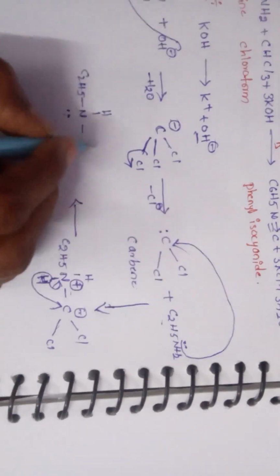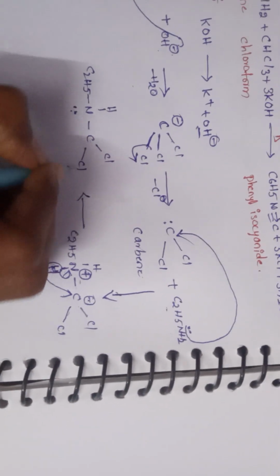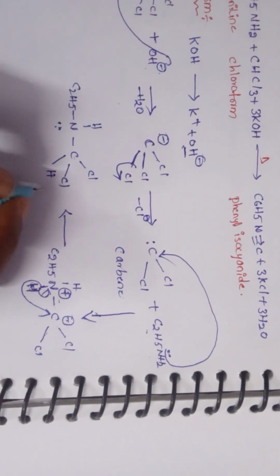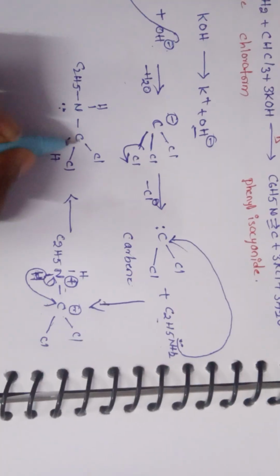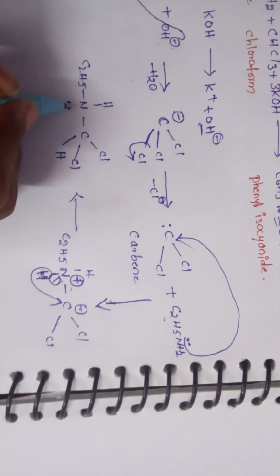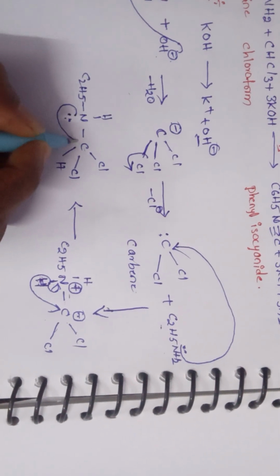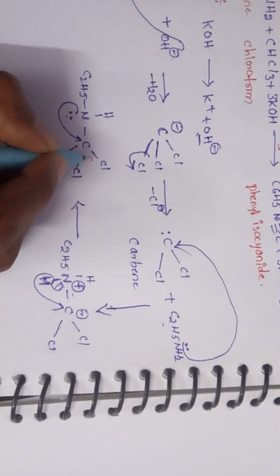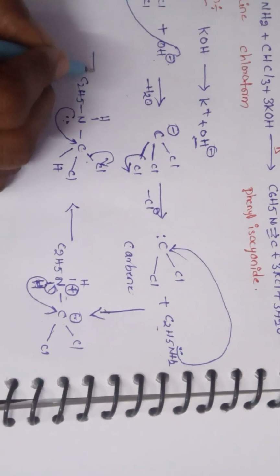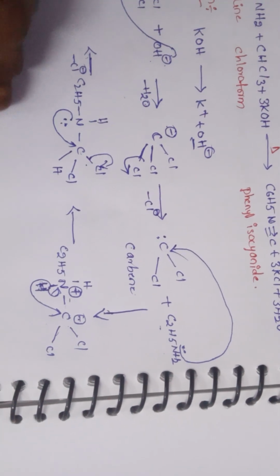Carbon gets chlorine and hydrogen. Now carbon has 4 bonds and nitrogen 3 bonds. This lone pair is treated with this carbon and the chlorine bond is removed, so minus Cl minus.